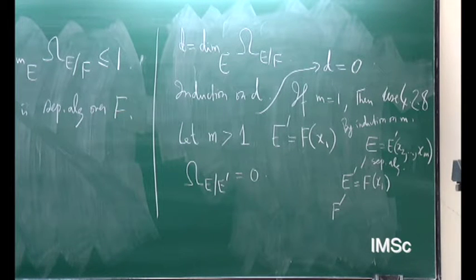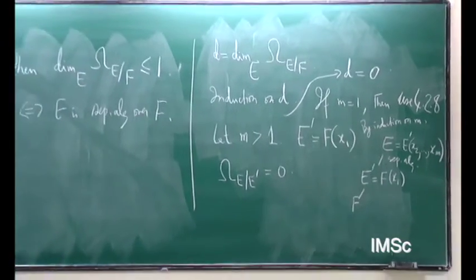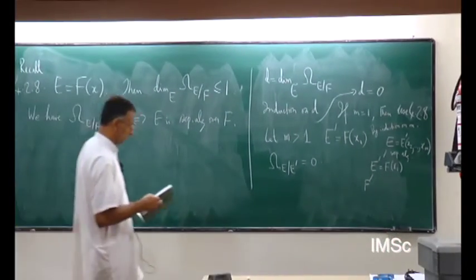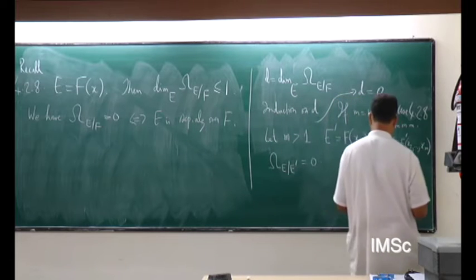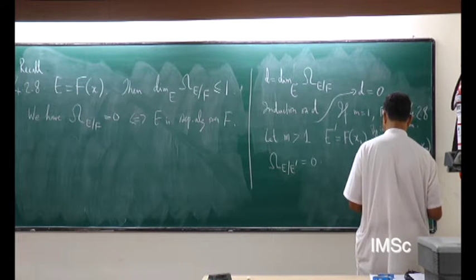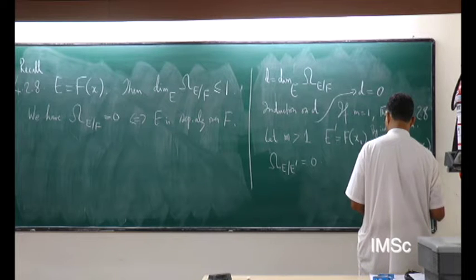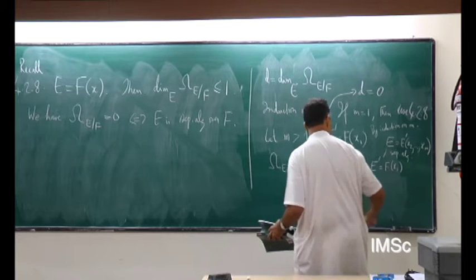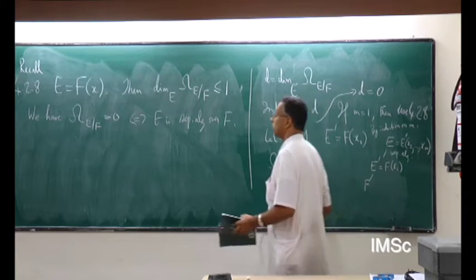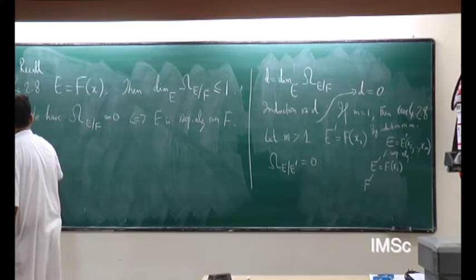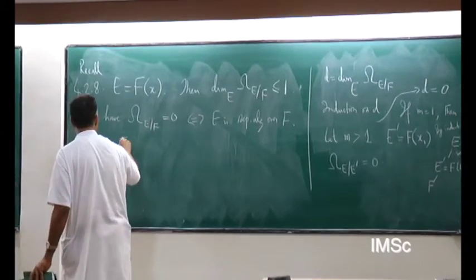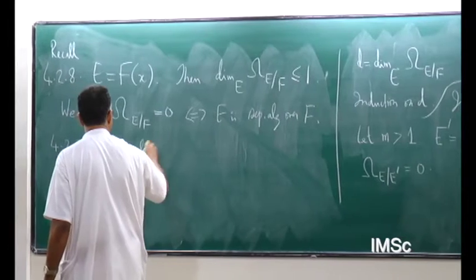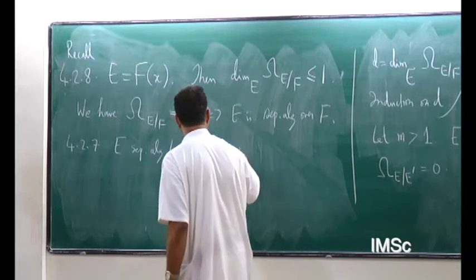Let's see. Last time we saw: E separably algebraic over E prime implies alpha is injective.